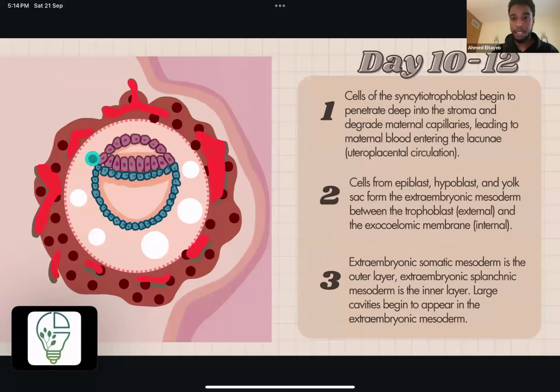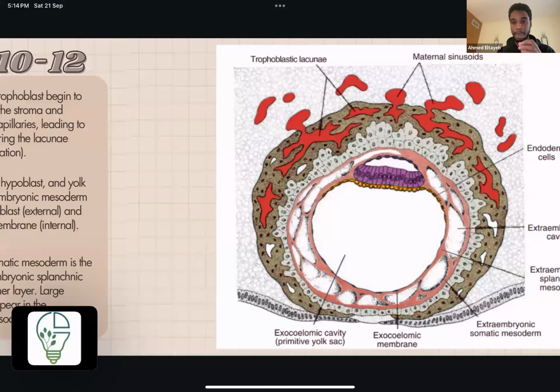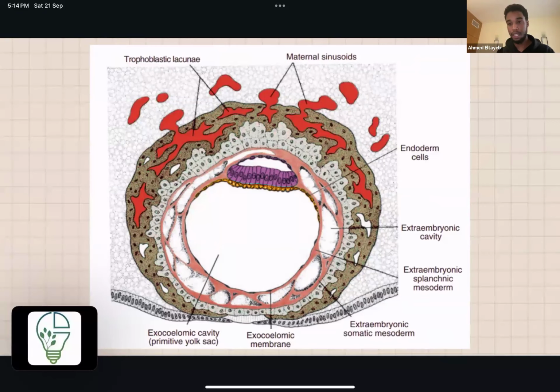So this something in between, we call it the extraembryonic mesoderm. Holes start appearing in the extraembryonic mesoderm, okay? These holes are small at first, but then they start fusing, just like the lacunae. They become bigger, bigger, and bigger. And we call these holes the extraembryonic cavities, okay?